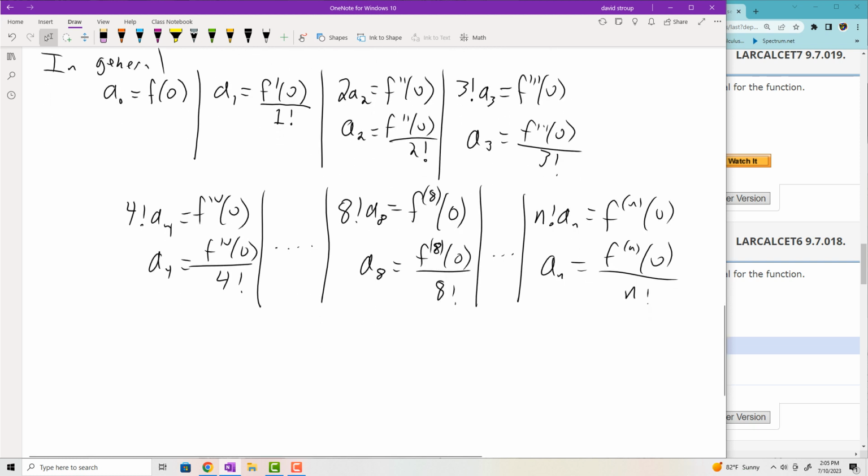So those are our coefficients for our polynomial representation. We could write it p sub n of x.